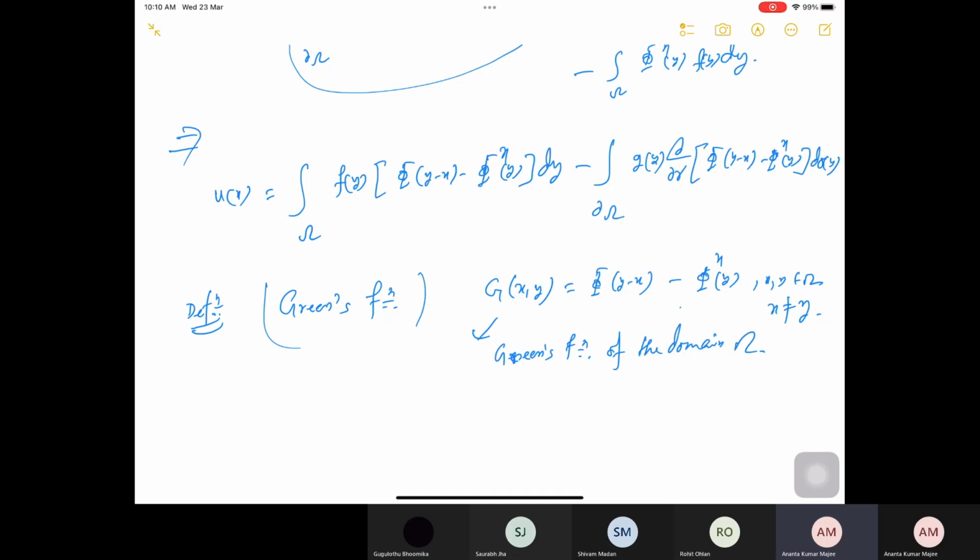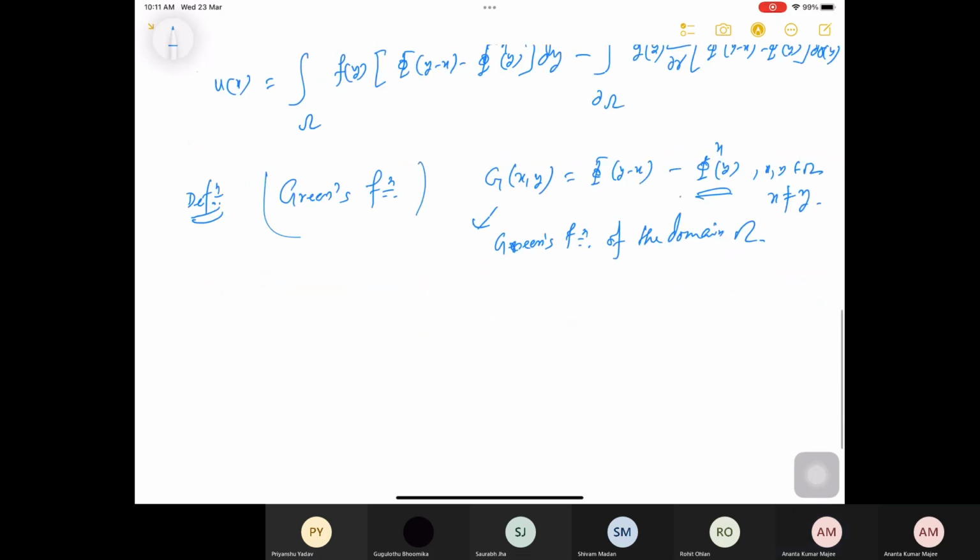My Green's function should satisfy G equals phi of y minus x minus phi^x of y, where I need to find this correction function phi^x(y), which is harmonic in omega, and on the boundary it is phi of y minus x. So it depends on omega; for each given domain, we cannot always find the Green's function.